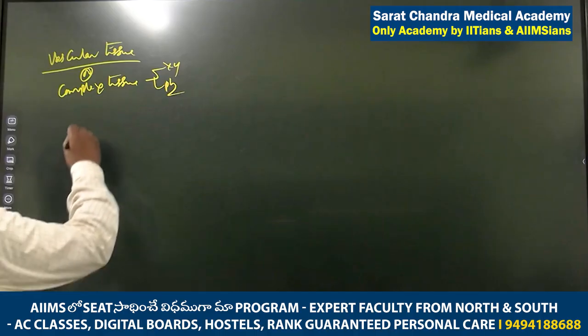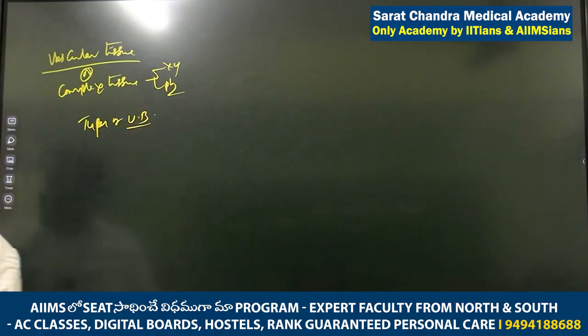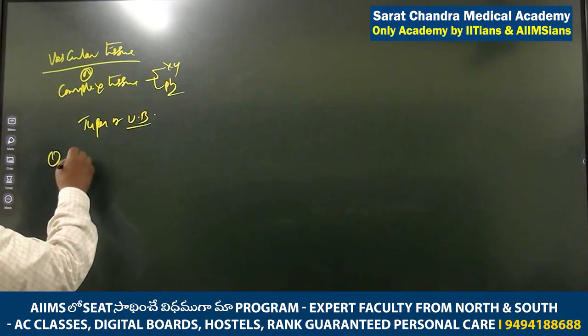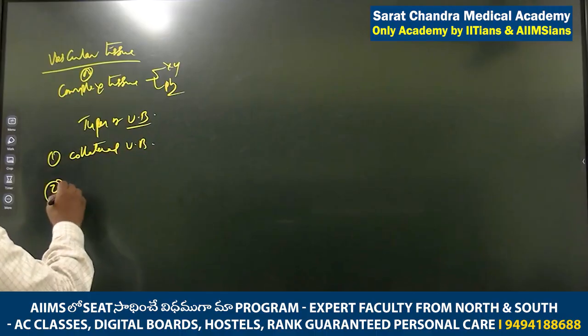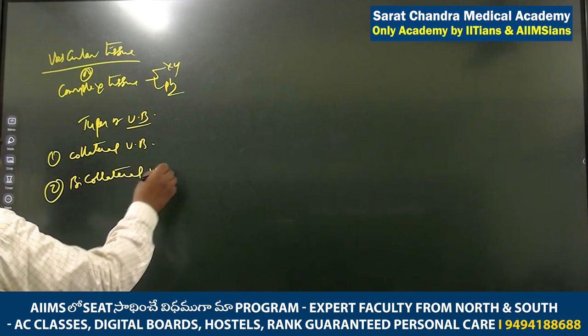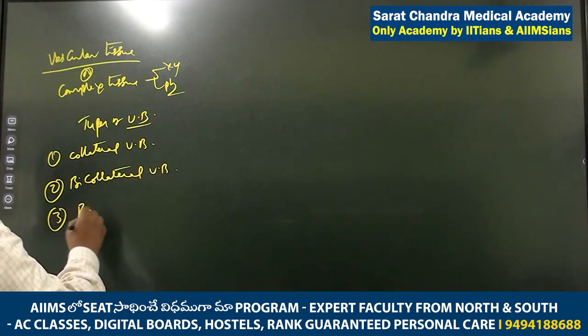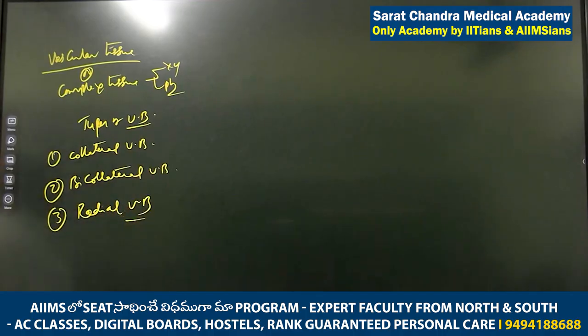So, types of vascular bundles. One is called collateral vascular bundle. Second, bicollateral. And third, radial vascular bundle. Like that there are three types: collateral, bicollateral, and radial.